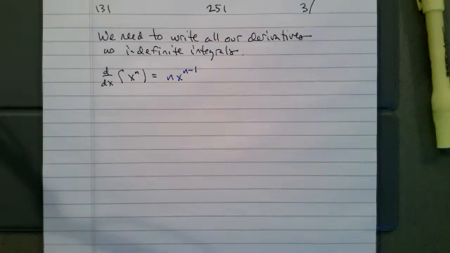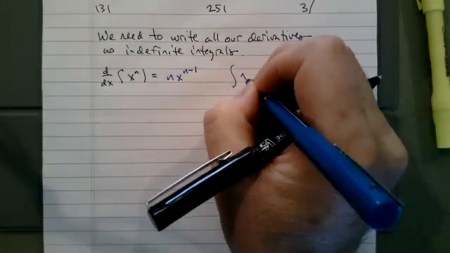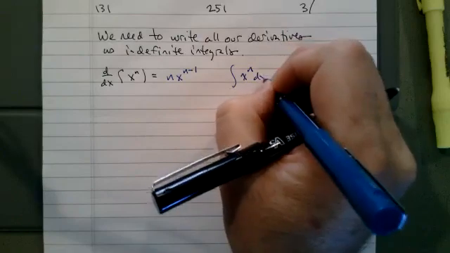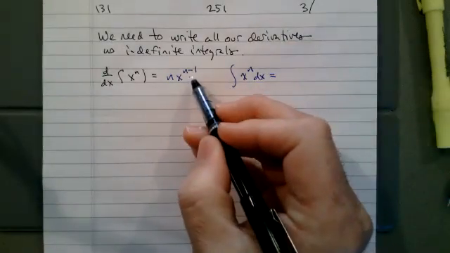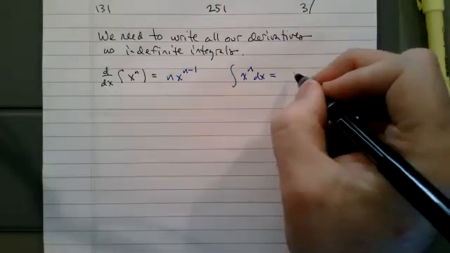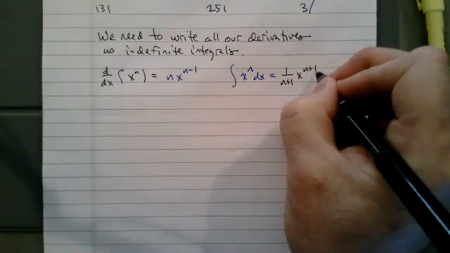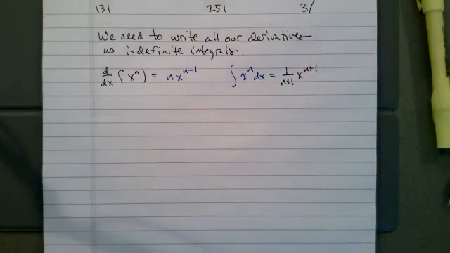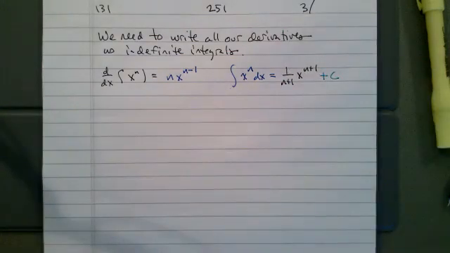We need to rearrange this to say that the integral of x to the n dx is found by inverting this process. We add 1 to the exponent, then divide by the new exponent, and say there was some information that we might have lost, so we put a plus c for a constant of integration.